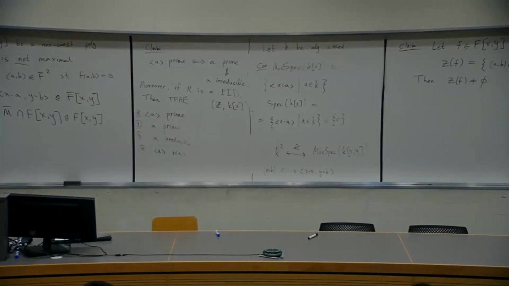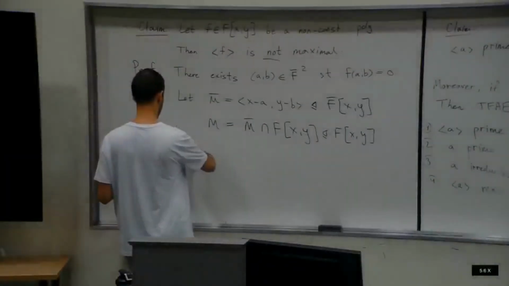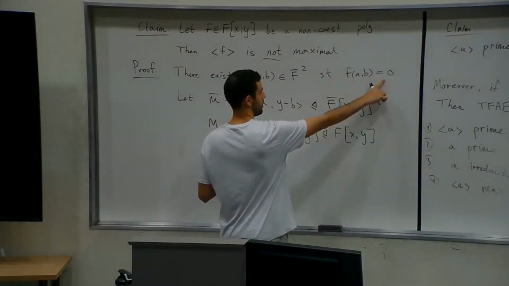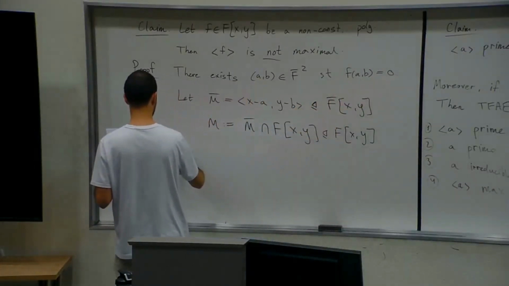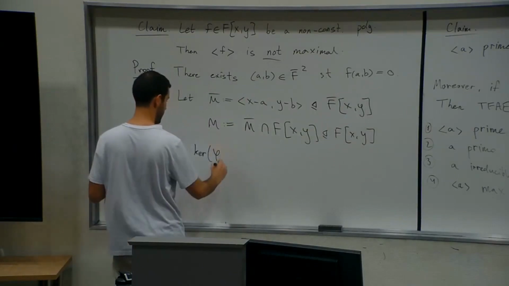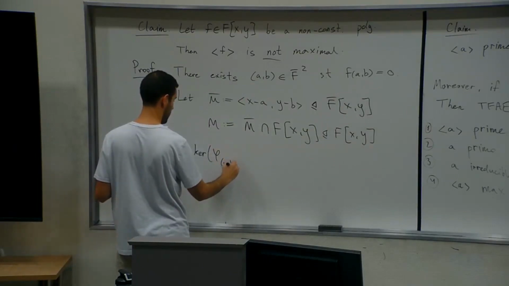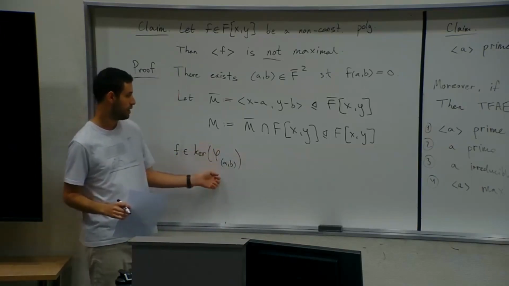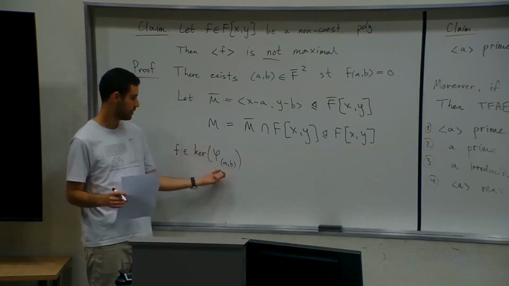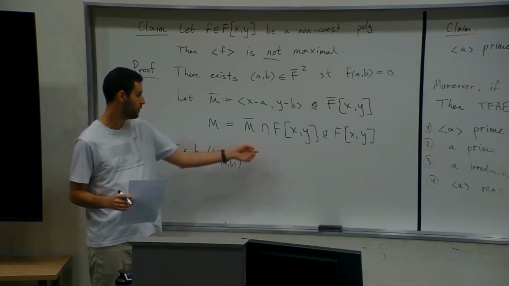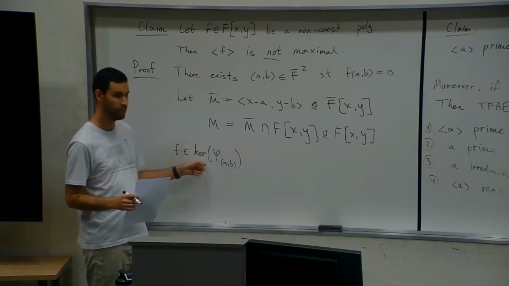Okay. So now I claim that if f(a, b) is 0, then f belongs to the kernel of the homomorphism that substitutes (a, b), right? If I take a polynomial in two variables and substitute a and b, and I get 0, then this means that the polynomial is in the kernel.